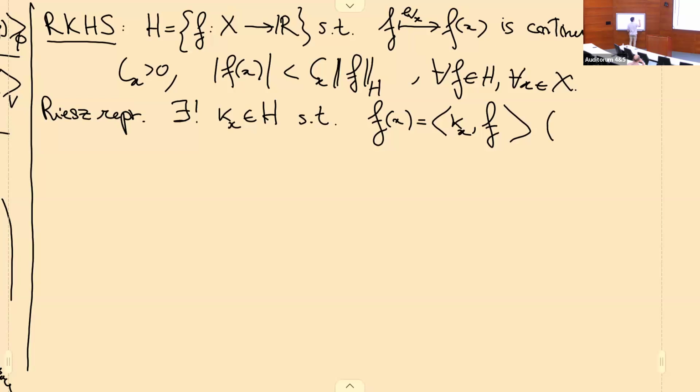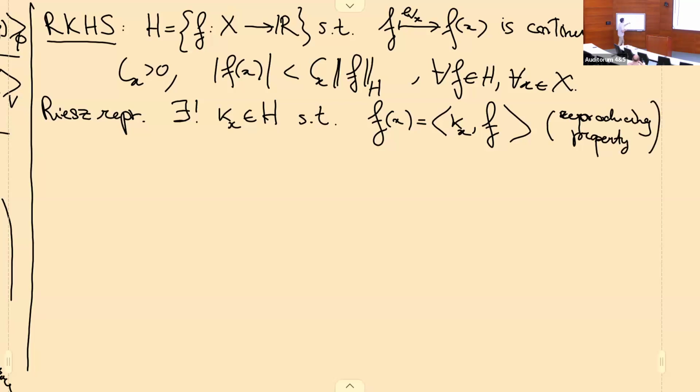This property is often called, in the kernel literature, the reproducing property.